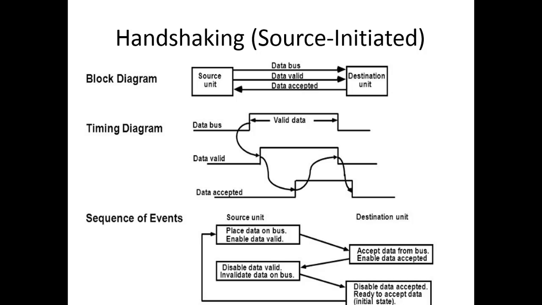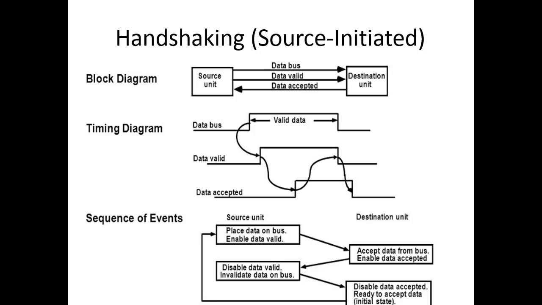Initially, when the source unit has something to send to the destination unit, it places the data on the data bus. After that, it enables the data valid control signal, the first control signal on the control bus. On the other side, upon receiving the data valid signal, the destination unit starts accepting data from the bus. When the data is completely received by the destination, it enables its control signal called data accepted.